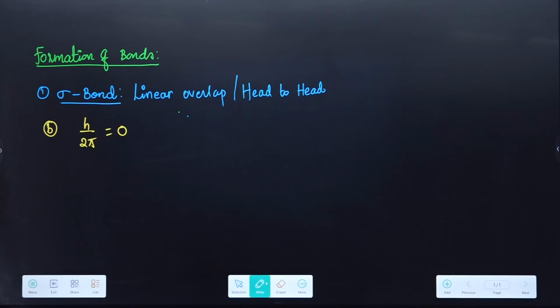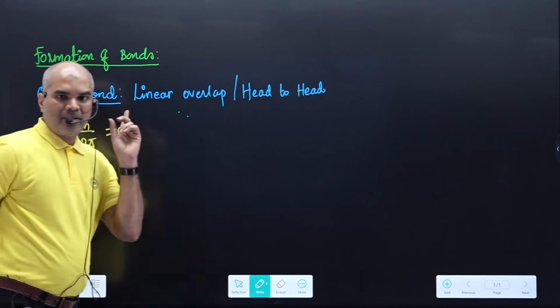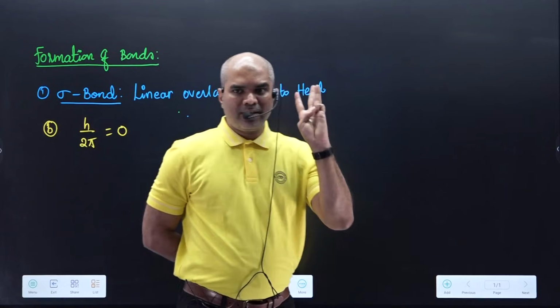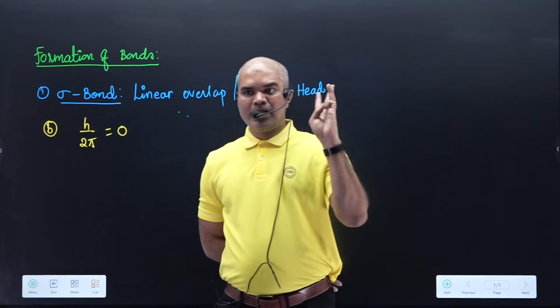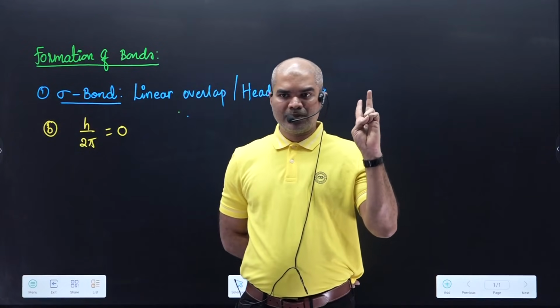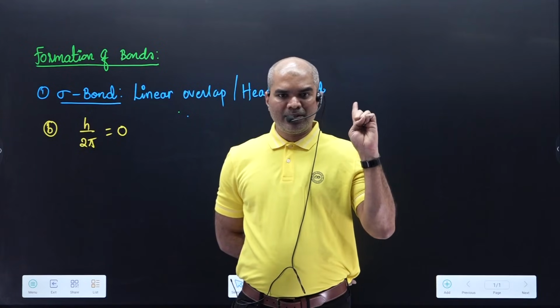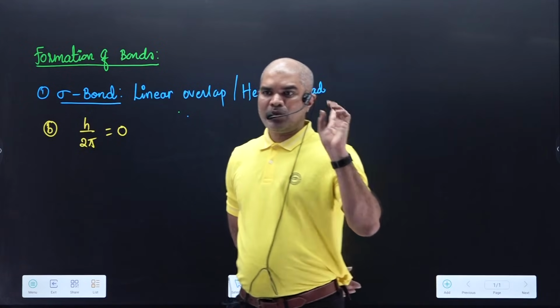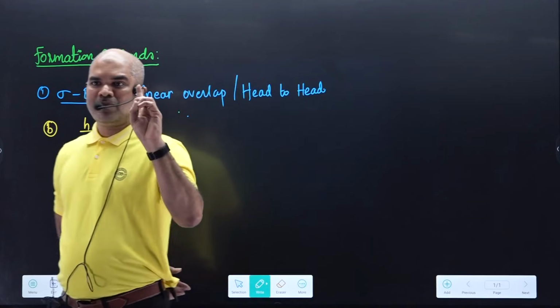So which orbitals have h by 2 pi orbital angular momentum value 0? In the last class we have seen s orbital was having 0, pz was having 0, dz square was having 0. It means only these three orbitals can form sigma bond.